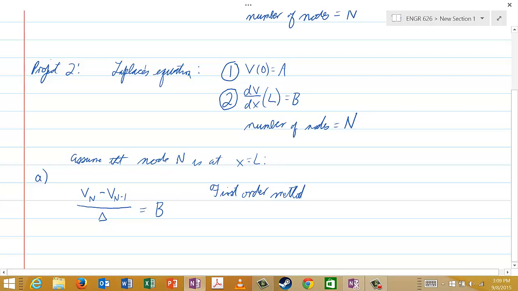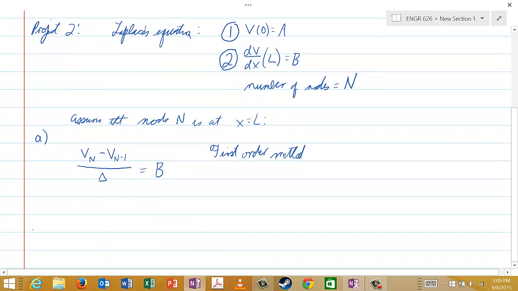So this is the first order method. It's very simple. You just approximate that derivative at node N by V_N minus V_{N-1} over delta and set that equal to B. And then the second method that I want you to try, after you've considered that first method, is the following.